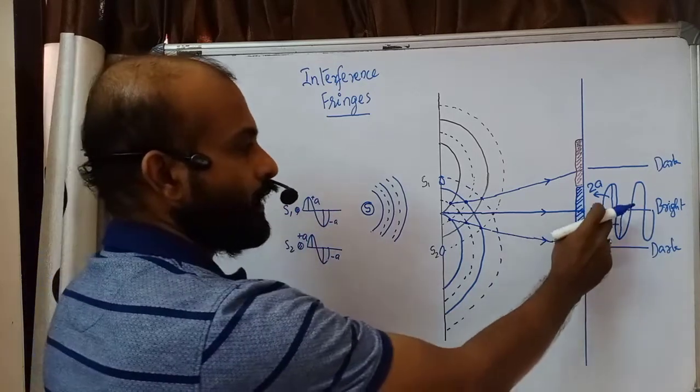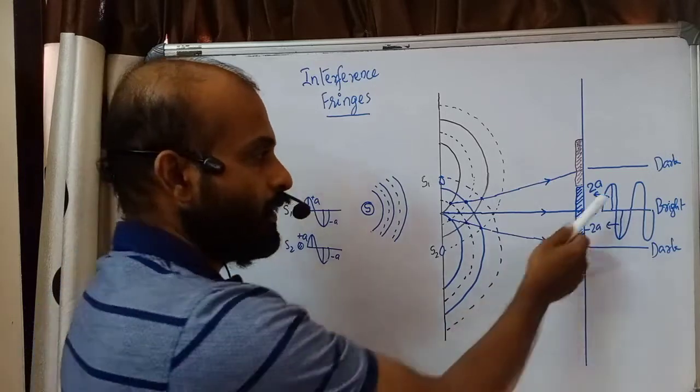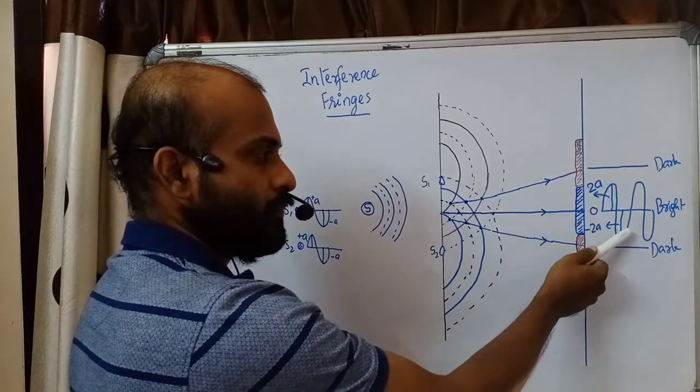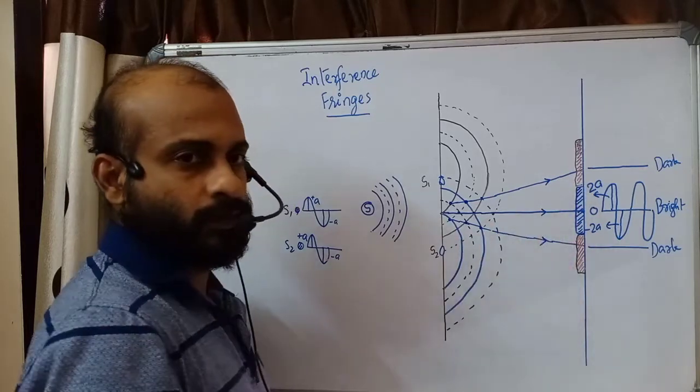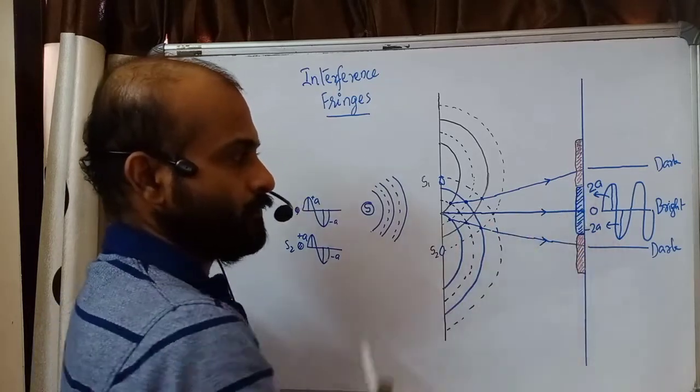The resultant amplitude during constructive interference will be A plus A, 2A, and here minus A minus A, minus 2A. So at the center we get a bright portion. This is called a bright band.